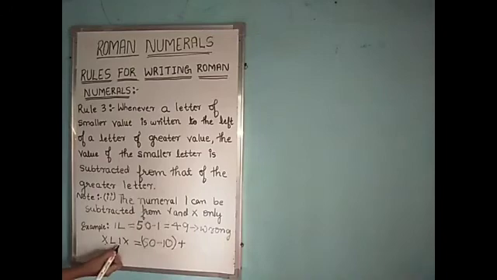Plus, here X is a letter of greater value and I is a letter of smaller value. The letter of smaller value I is written to the left side of the letter of greater value. So we have to subtract the letter of smaller value from the letter of greater value. The numeric value of X is 10 and the numeric value of I is 1.